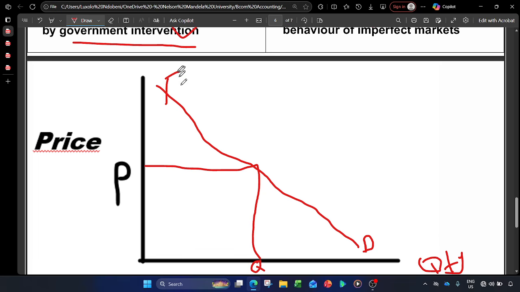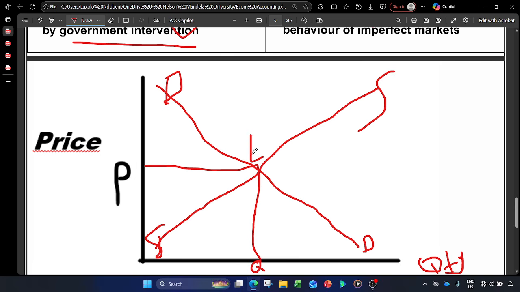This is just the original graph. Then from the bottom left to top right, we have our supply, S. This is the equilibrium quantity, this is the equilibrium price, and this is the equilibrium where demand is equal to supply, right?